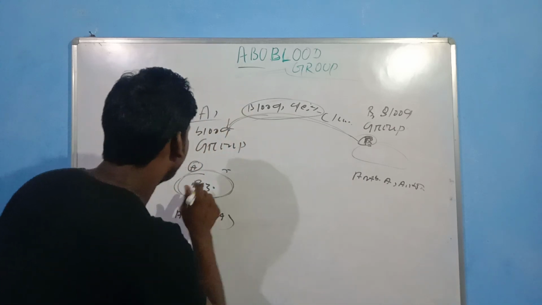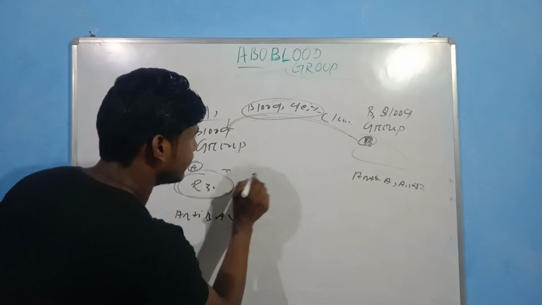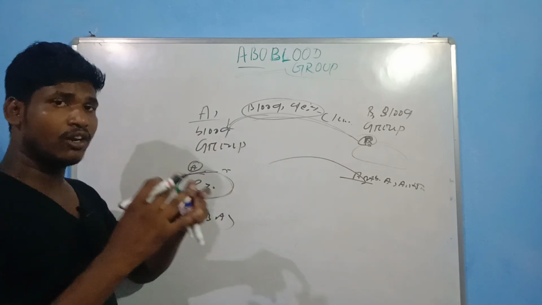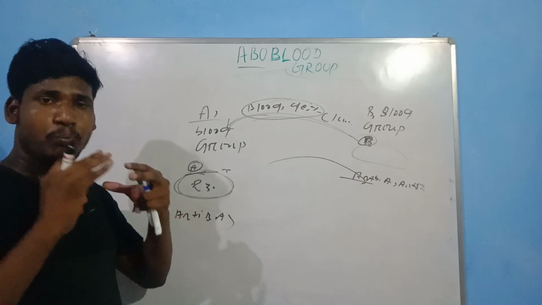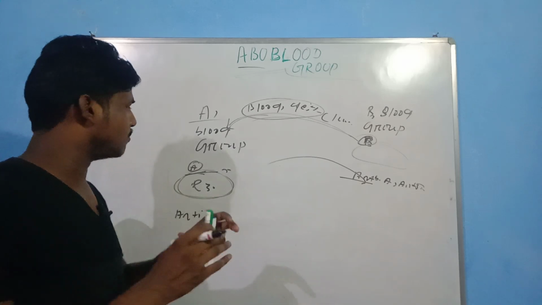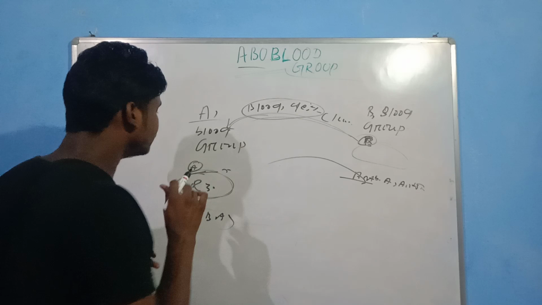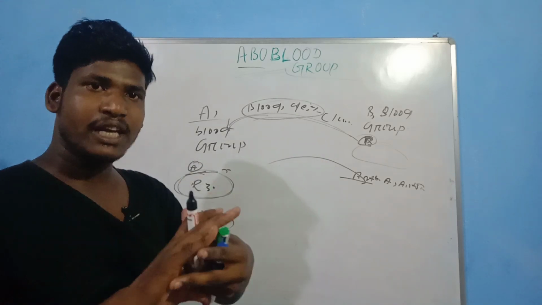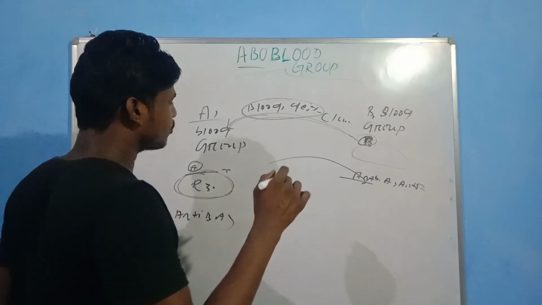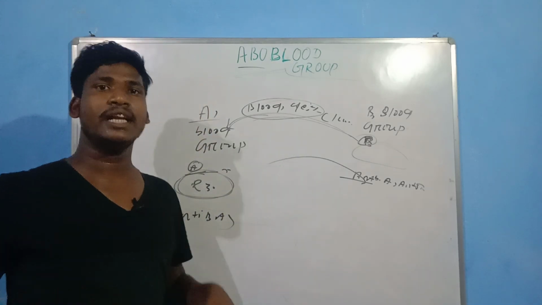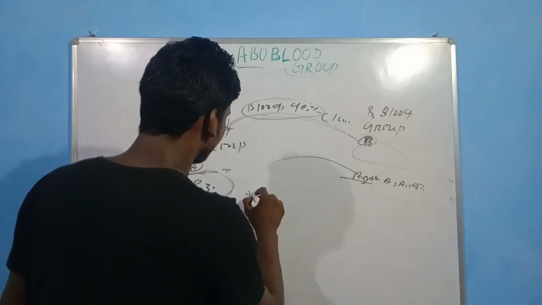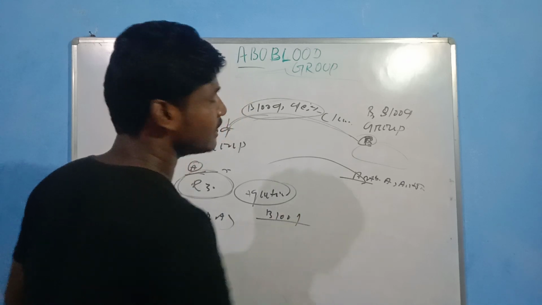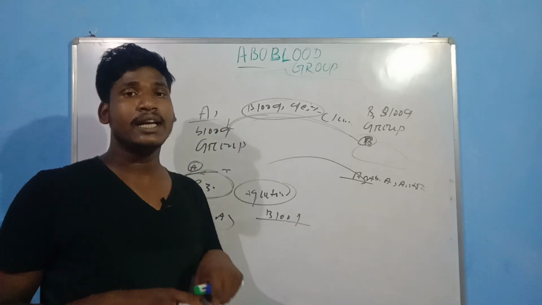Because the antibody and the antigen associate and break down the RBC, it is very fatal. The A antigen and A antibody mix to destroy the RBC. It is called blood clumping, the agglutination of blood. Blood clumping means RBC are destroyed.